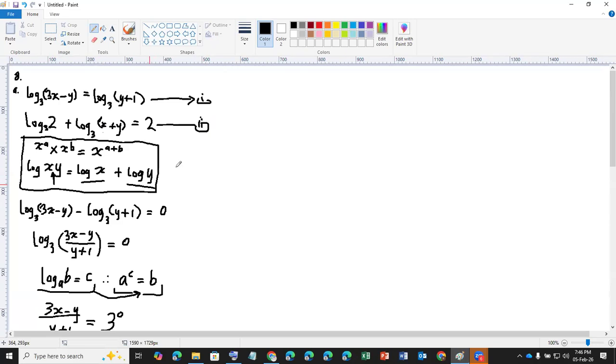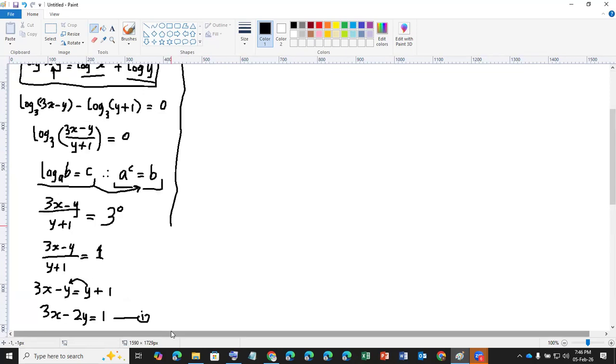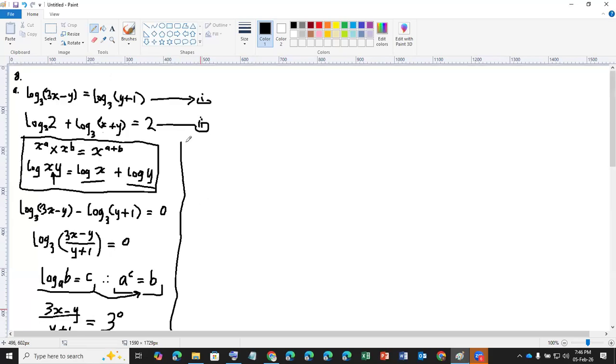Here is an addition, so we'll interpret it as multiplication.